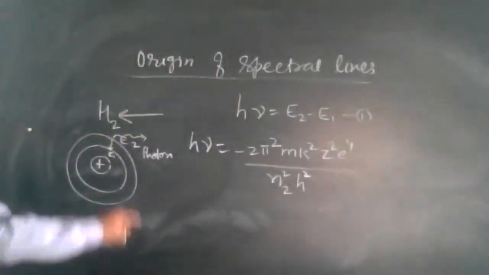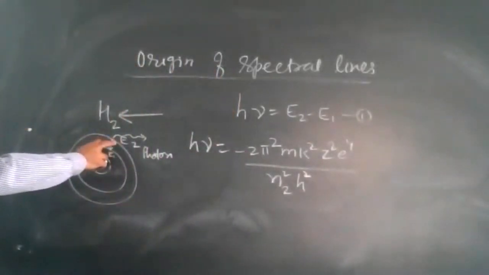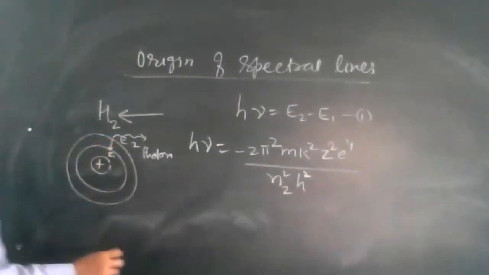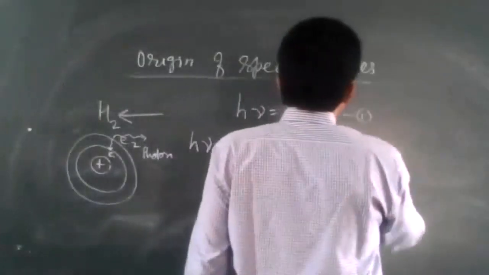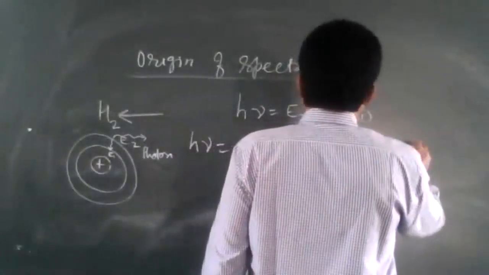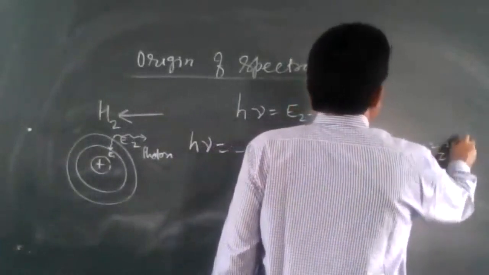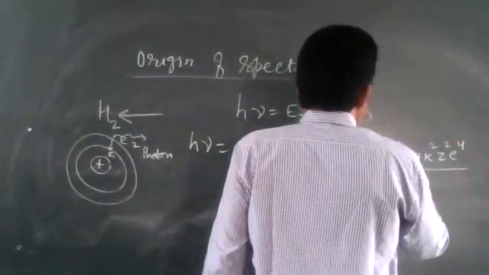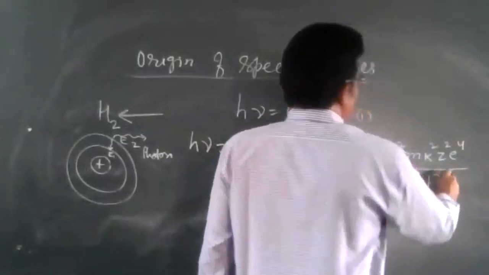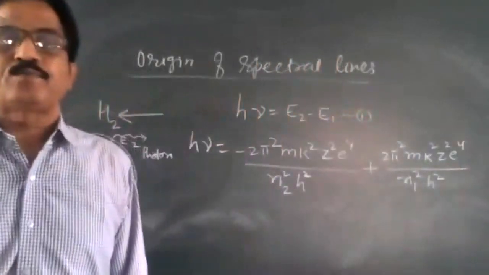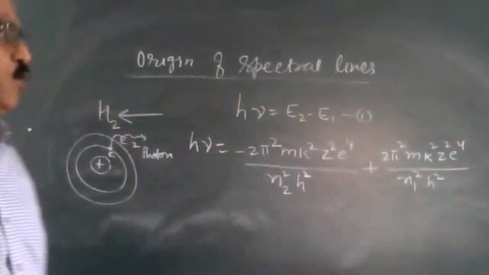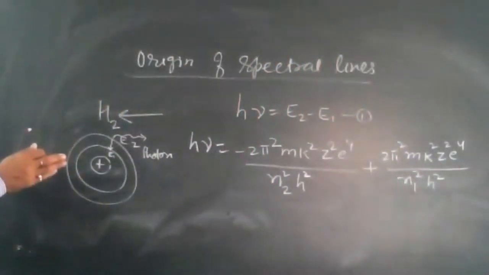This is the energy of this orbit. Similarly, I can write here plus 2 pi square m k square z square e to the power 4 divided by n1 square h square. This formula we had derived earlier.